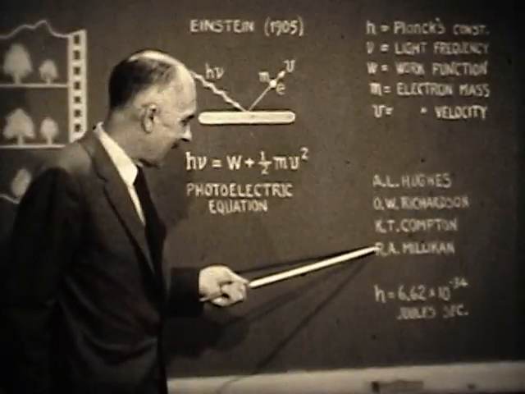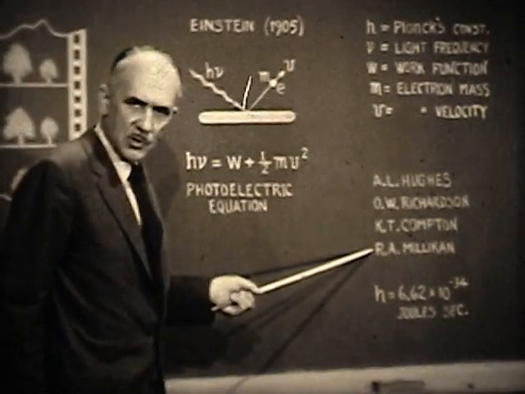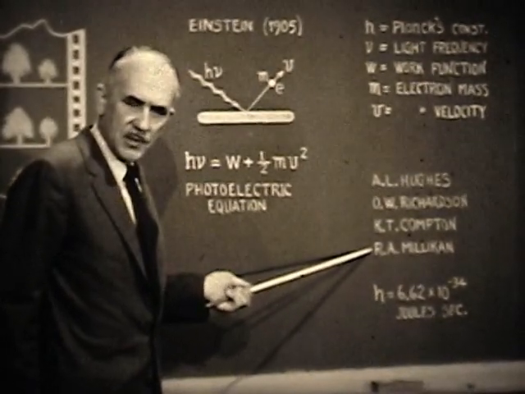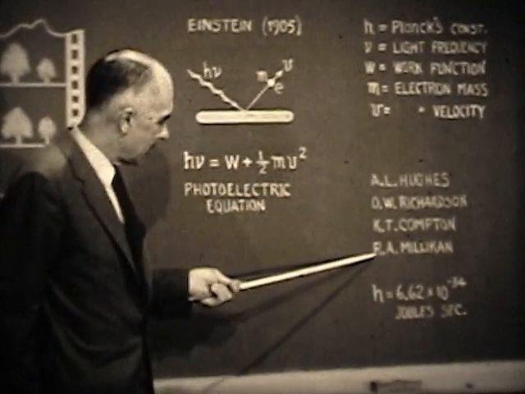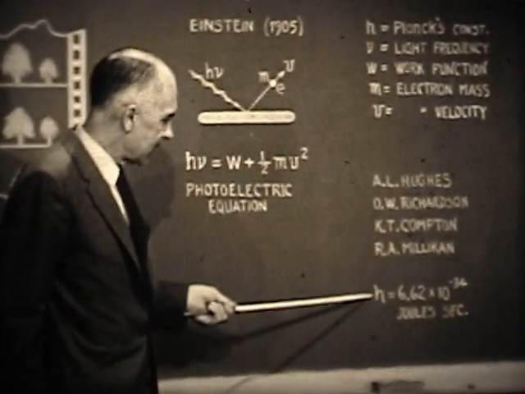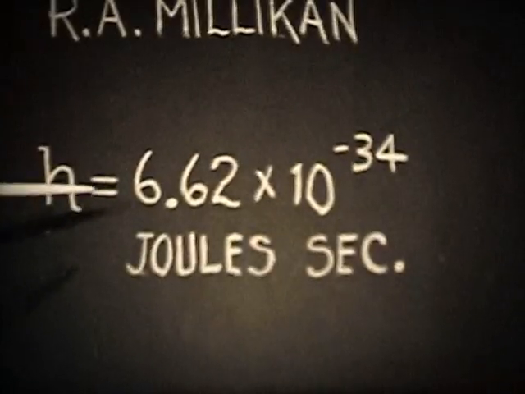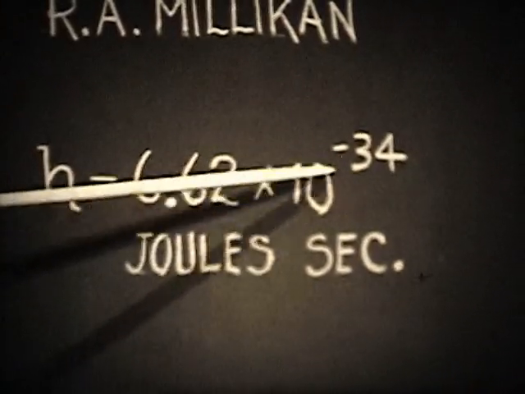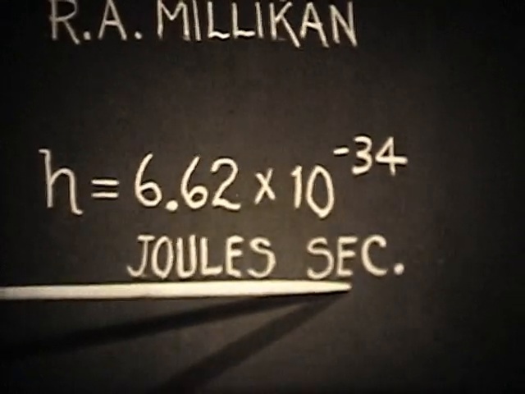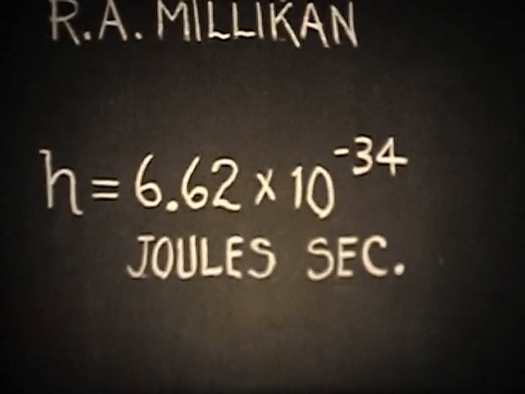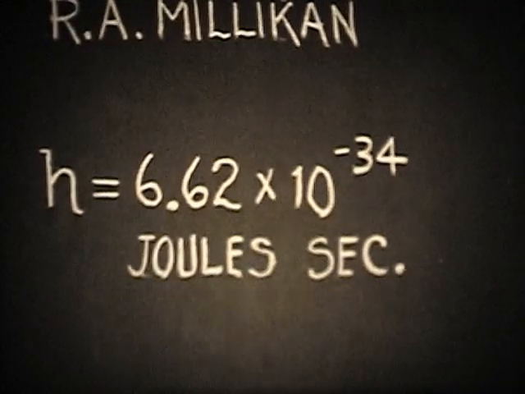And it was for the accurate evaluation of h in this equation that Millikan was awarded the Nobel Prize a few years later. The generally accepted value of h today is 6.62 times 10 to the minus 34th joules times seconds. If you multiply joules times seconds times the frequency, you get joules, which is a form of energy.